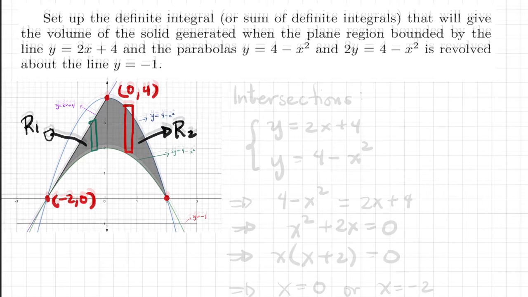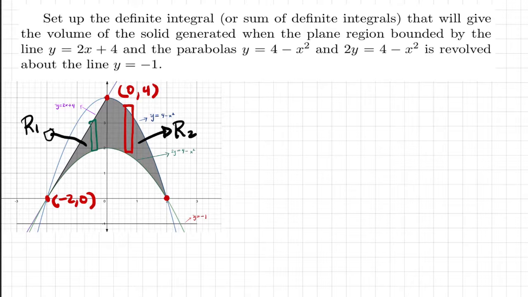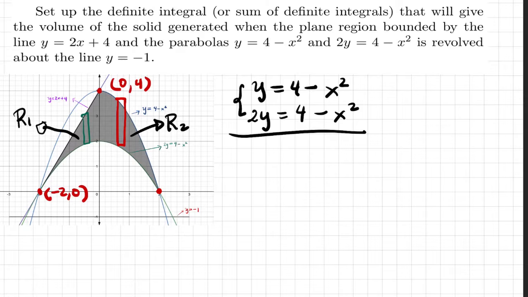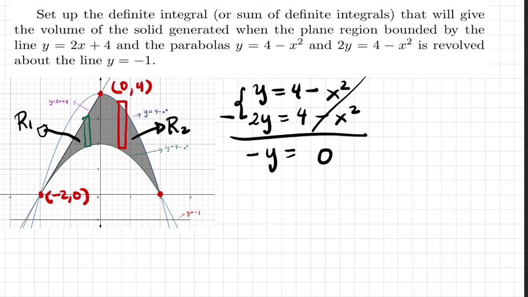So to find this intersection here, this is the intersection of the two parabolas. So let's solve this. 0 implies y is 0.